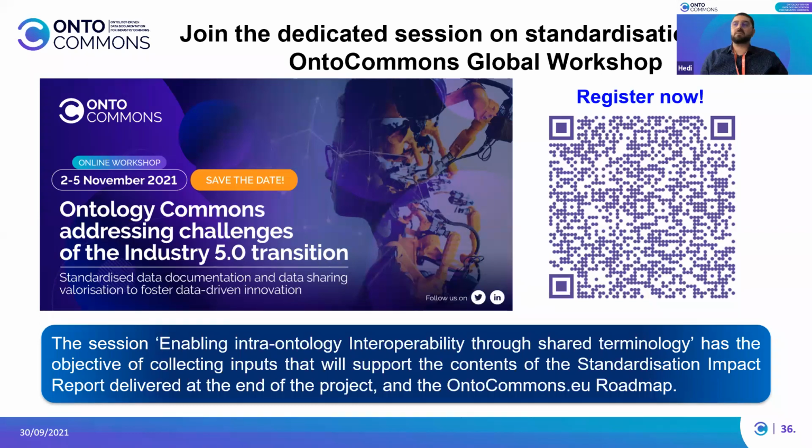There will be one session titled Enabling Intra-Ontology Interoperability Through Shared Terminology. This session will be a follow-up discussion on today's webinar, and I kindly invite you to register for the workshop and contribute to the various sessions.